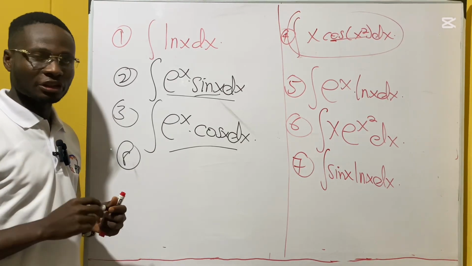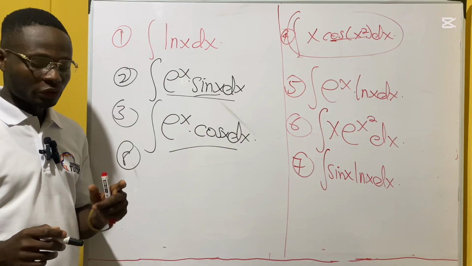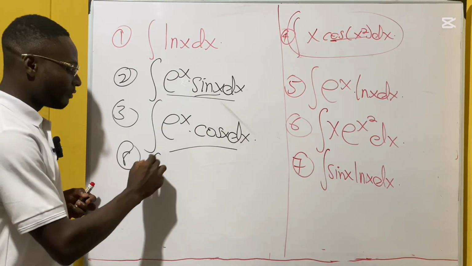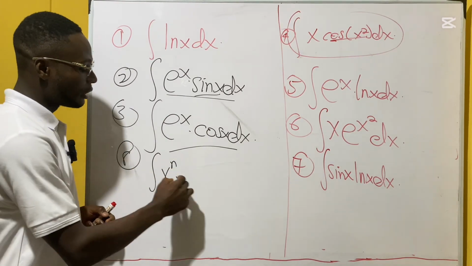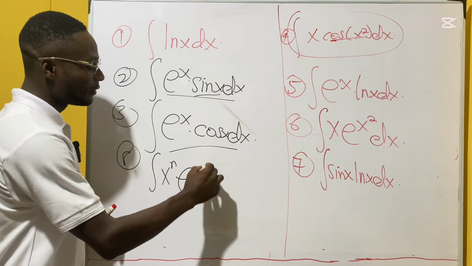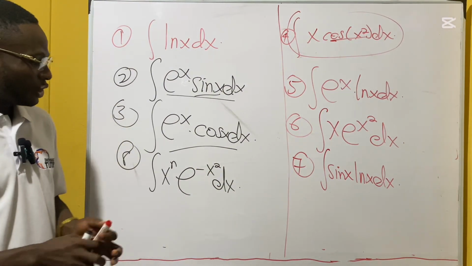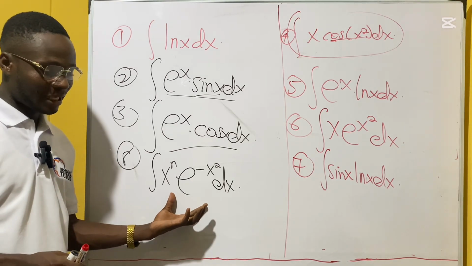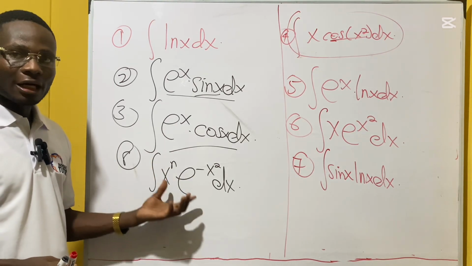The eighth function that you cannot apply the tabular approach to is a function of this form, x power n, then you have e power negative x squared dx. When you have a function like this, you cannot apply the tabular approach.